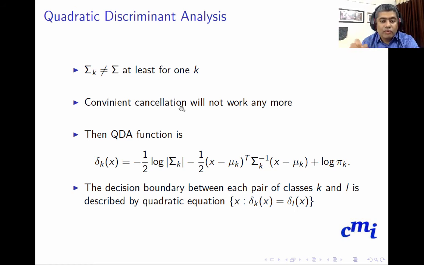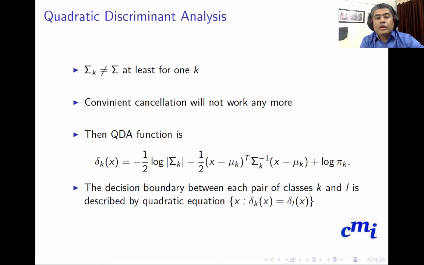So you have to figure out the quadratic discriminant analysis case by case, but still you can figure out the delta k of x. You can write it in this way, and the decision boundary between each pair of classes k and l is described by quadratic equations.